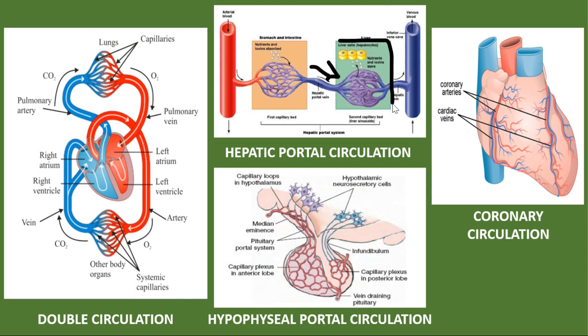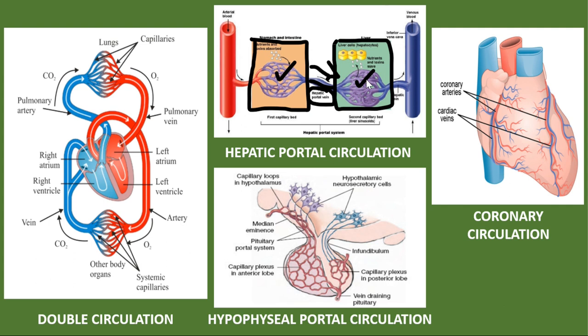This is the liver, and this part is indicating the digestive part, mainly the stomach and the intestine. So these are the capillaries of the stomach and intestine, and this is the capillary system of the liver. In between these two capillaries, the hepatic portal vein is present, that constitutes the hepatic portal system.